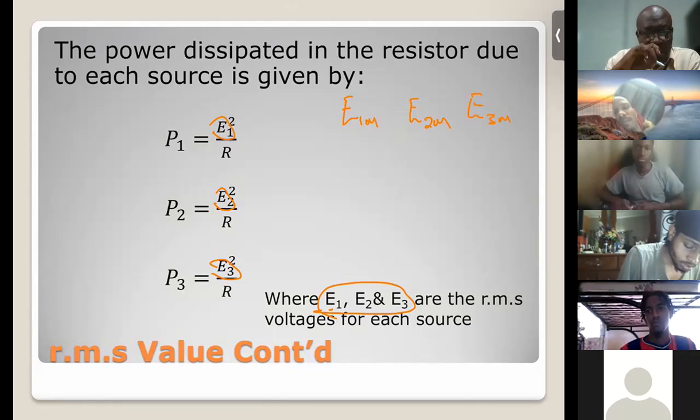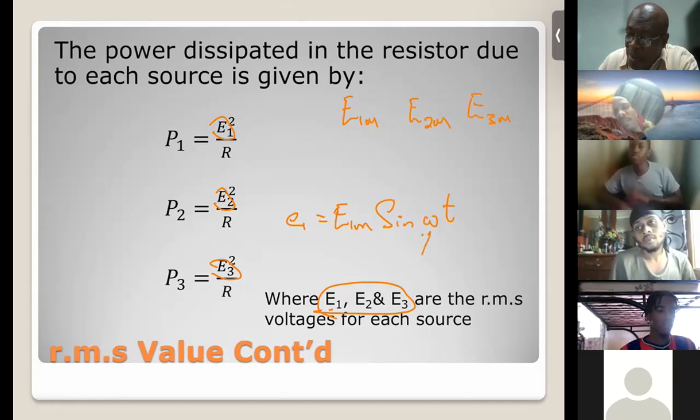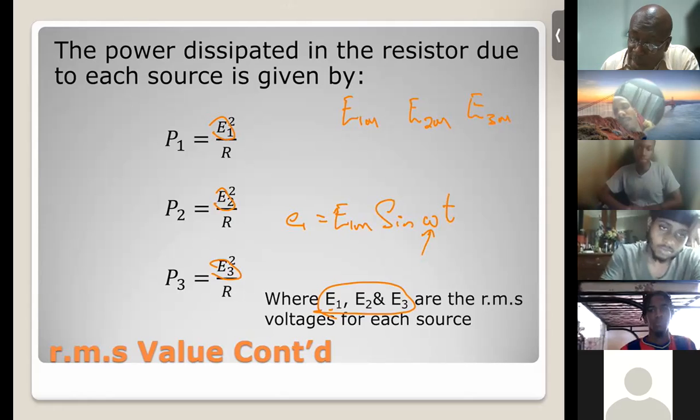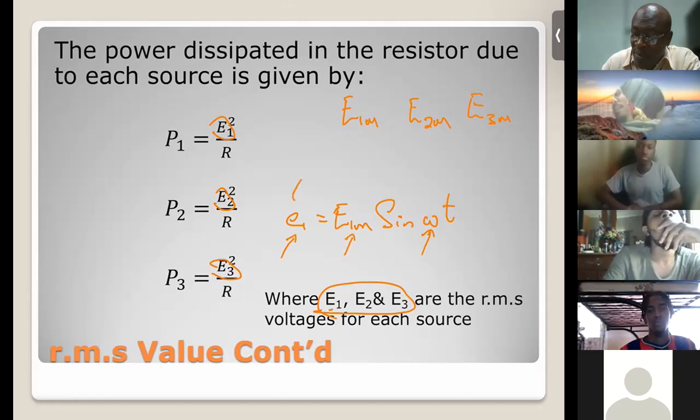So if I were to write the instantaneous value for E1, e1 would be equal to E1M sine omega t, where omega here would represent the angular frequency, E1M the amplitude, and the fact that I'm using lowercase e means that it is the instantaneous value, or the value at the time t.